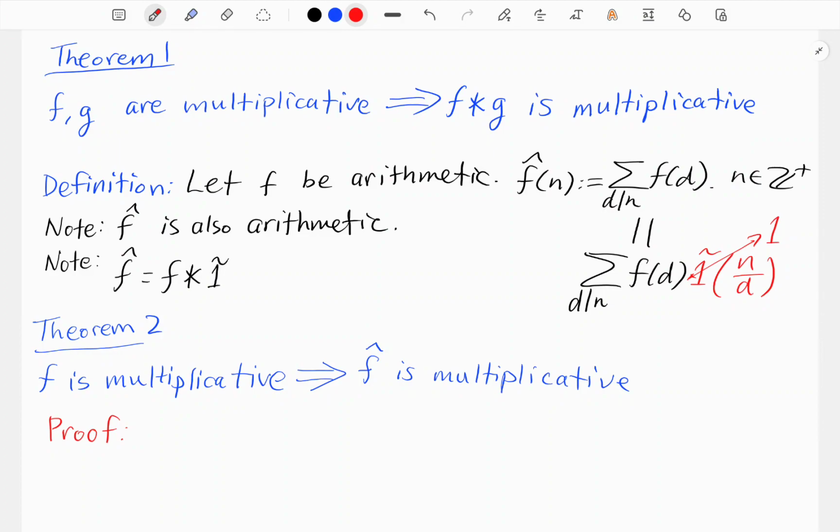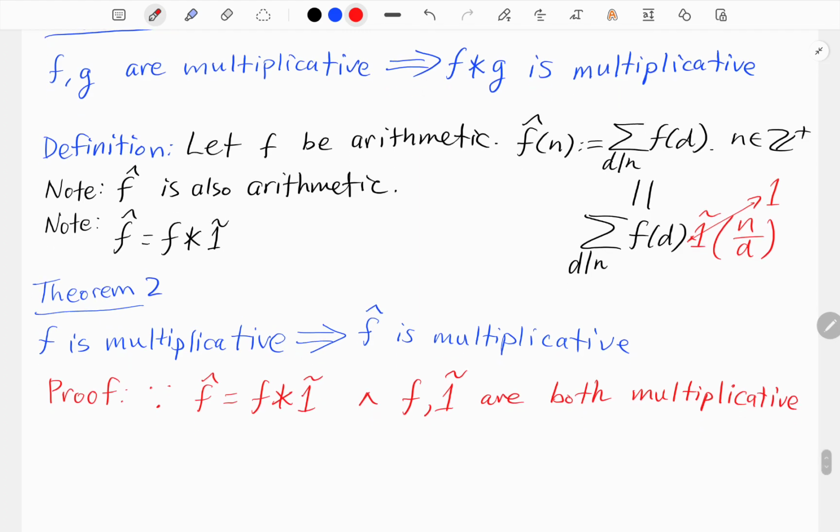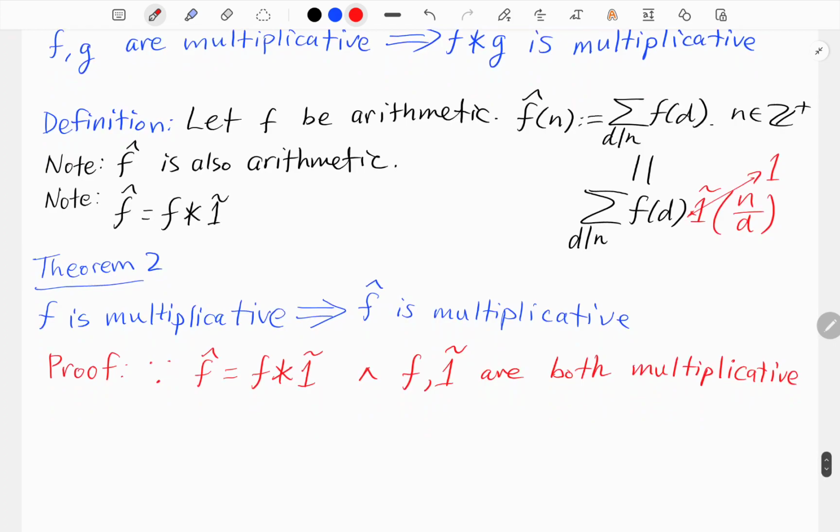So since f hat is equal to f star 1 tilde, and f and 1 tilde are both multiplicative. We know that 1 tilde is multiplicative already, and we also know from the premise, the first antecedent, that f is multiplicative as well.